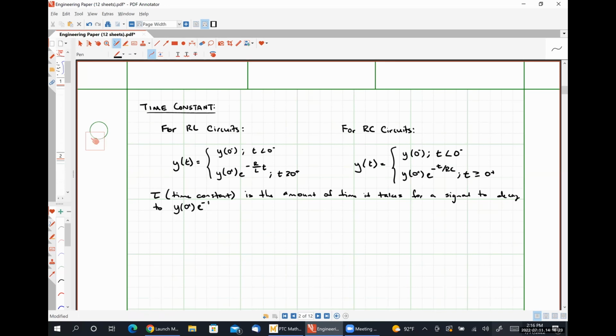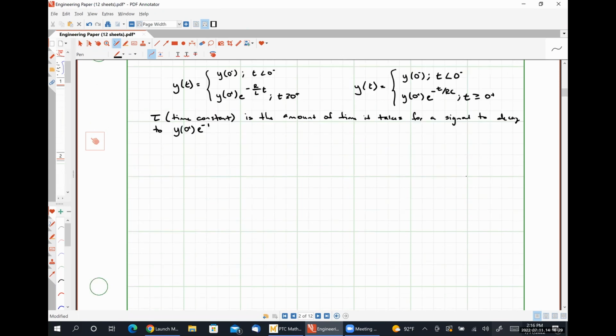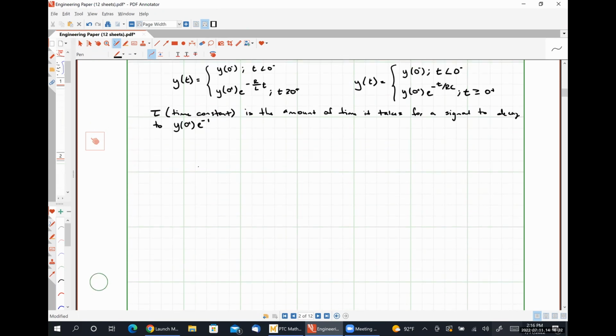So if we made a plot, here's time, and up here, this is going to be the ratio of y of t divided by y of 0 plus.